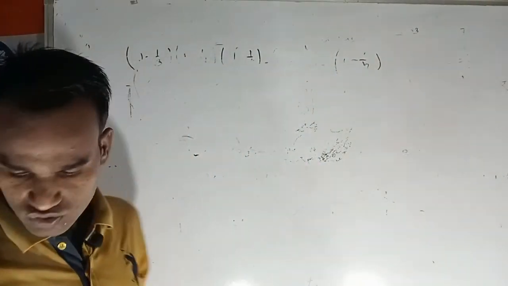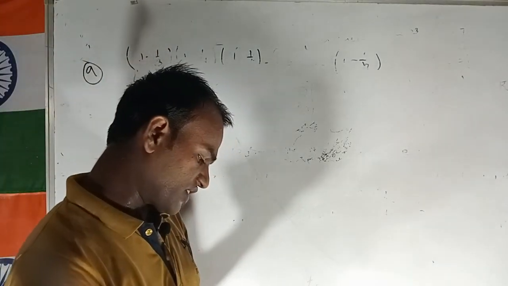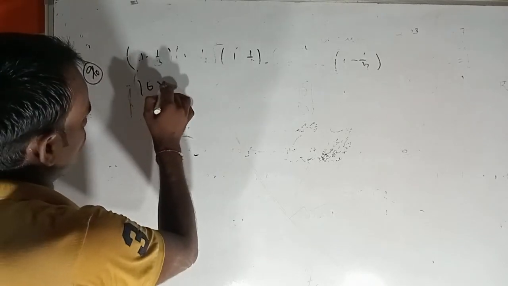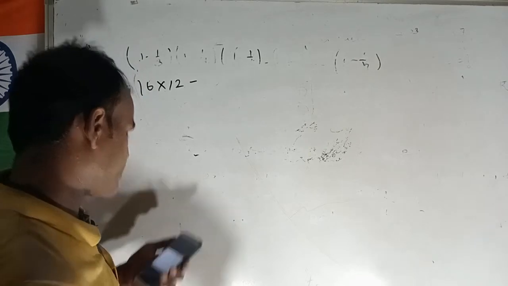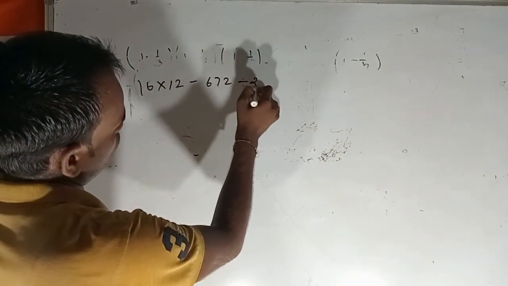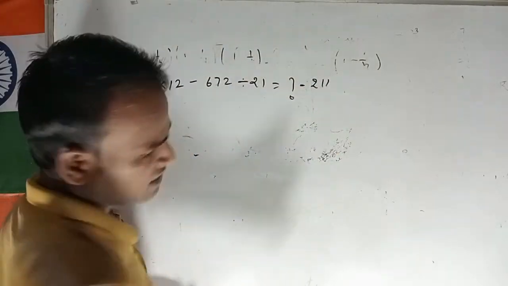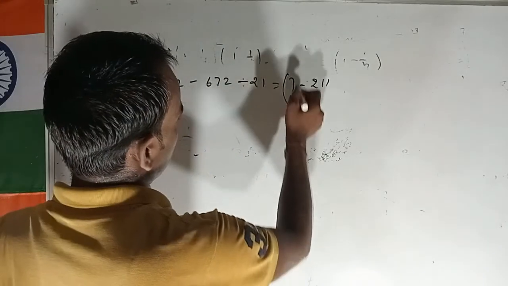And the last question, the 10th question, is 16 into 12 minus 672 divided by 21 equals question mark minus 211. We have to find the value of this question mark.